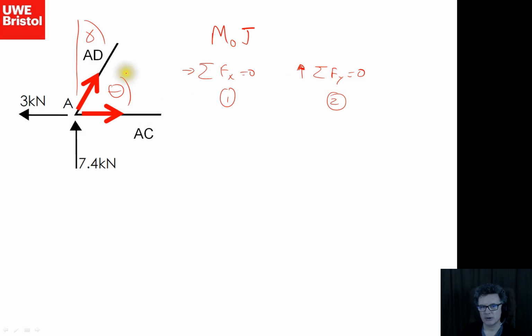Look at the diagram and say to yourself, if I resolve in the x direction, how many unknowns am I going to pick up? Well, if I resolve in the x direction, I'm going to have AC going off in the x direction, then I'm going to have AD swinging through cos theta, going off in the x direction. So I'm going to have 2 unknowns. What if I resolved in the y direction? Well, AC is perpendicular to it, but AD would swing through this angle gamma, and that will be picked up.